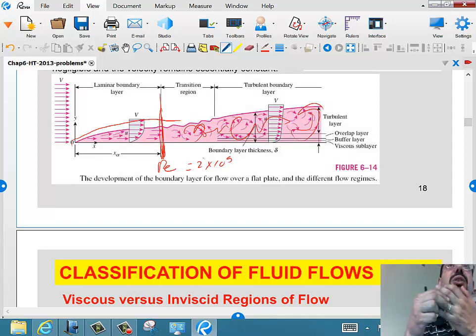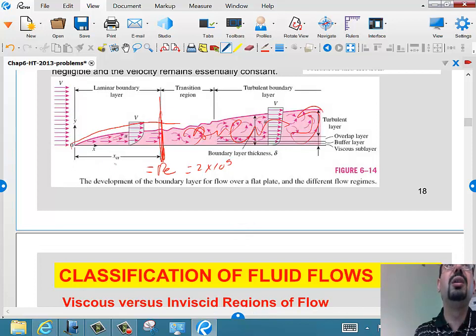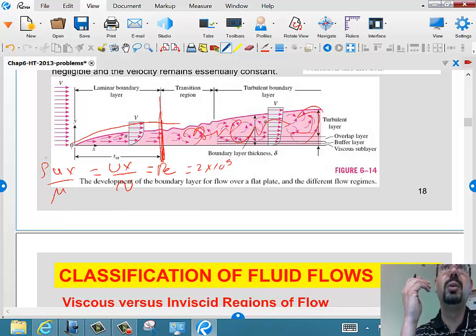In the pipeline, it's 2,300 from the Moody chart. But on a flat surface, it's 200,000 Reynolds number. But that's not really a large number because remember what's Reynolds number? U x over nu. Or if you want rho u x over mu. Remember rho over mu is 1 over nu.